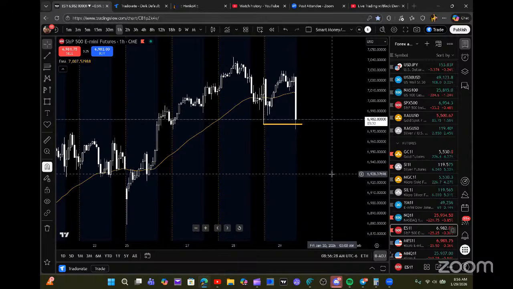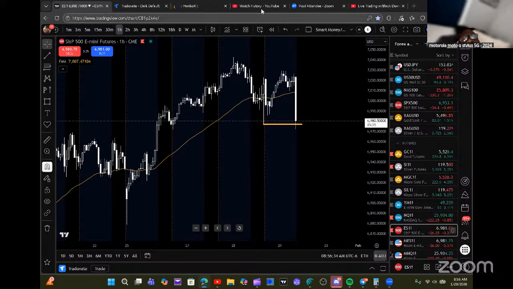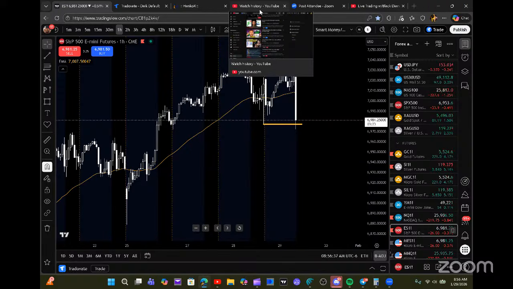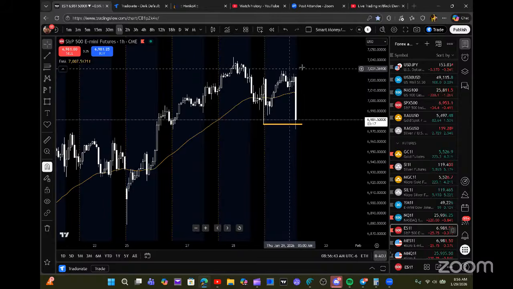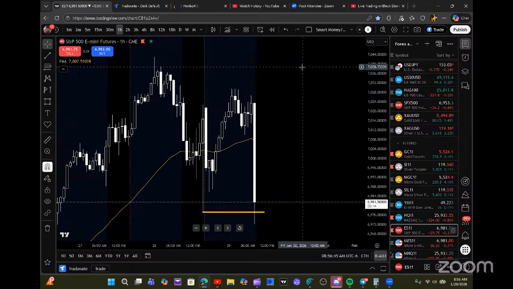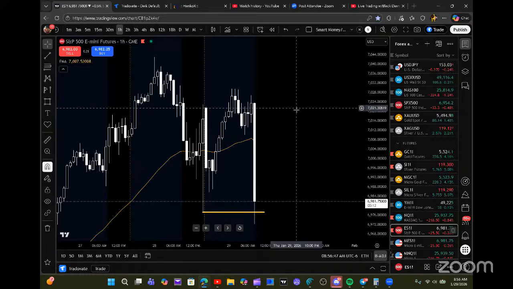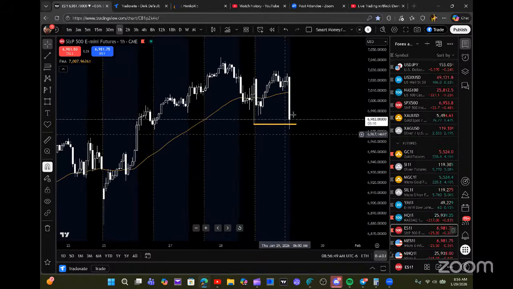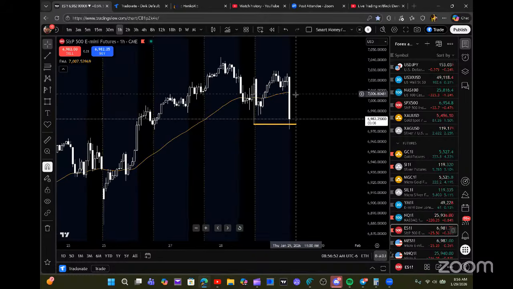Do you need it though? You really don't need that, do you? No, you don't really need it, because you can find fair value gaps without it. But from what I was watching in the videos, it shows the true fair value gap, the one that price is most likely going to go to.